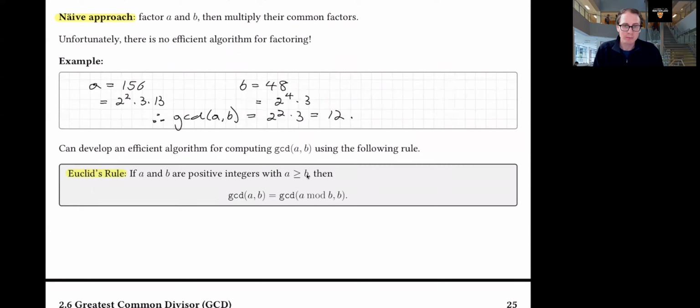A was bigger than B, so A mod B is a smaller number than A was. And so rather than having to compute the greatest common divisor of these larger numbers, I get to reduce the size of one of the numbers. Then we're going to repeatedly apply this Euclid's rule to reduce the arguments inside the greatest common divisor until we get the result, essentially.